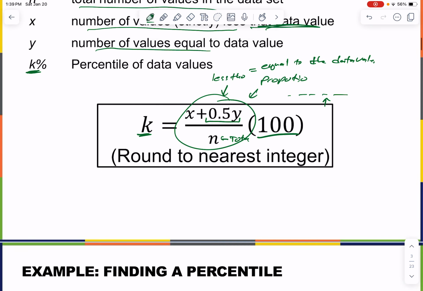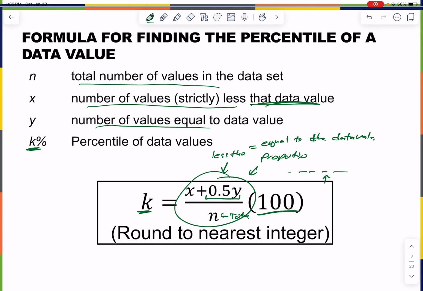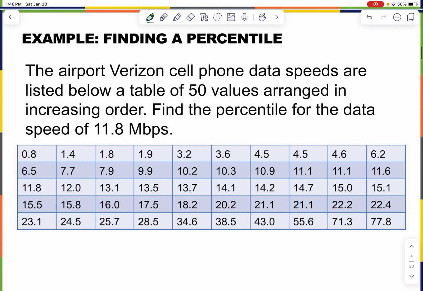That's the first thing, because it makes finding the number of values that are less than your data value much easier if you order, or sort, the data. All right, so this is sorted. There's 50 of these, and they're sorted. Find the percentile for the data speed of 11.8 megabits per second.